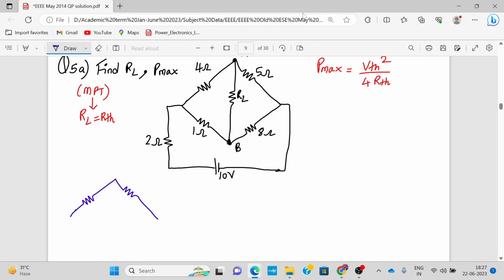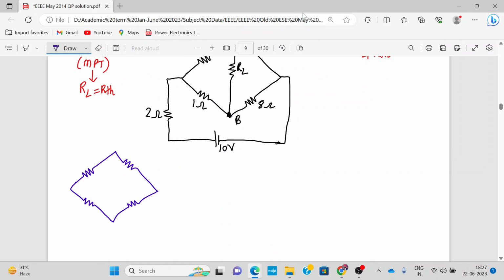And we deactivate all the sources. We make A and B open, and we deactivate the sources. That means this voltage source will be replaced by a short circuit. Now here we have to find the value of RAB or RTH.